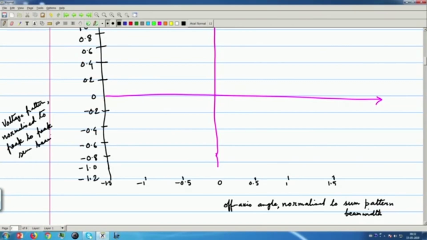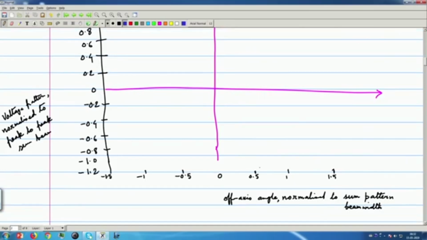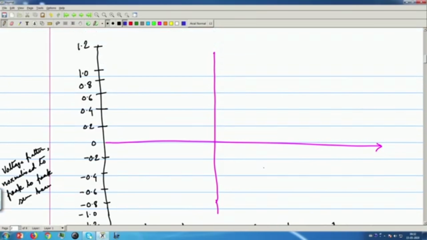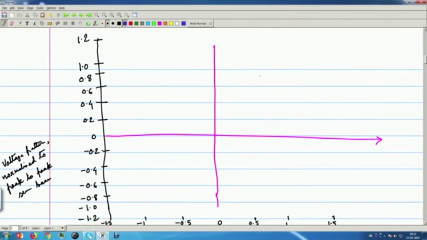So, if we do that, let us say that the squint is at 0.5, and so I will have two beams, at 0.5 and 1. So, something like this is the V1 pattern.